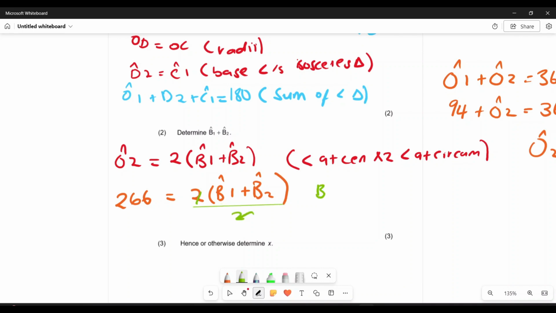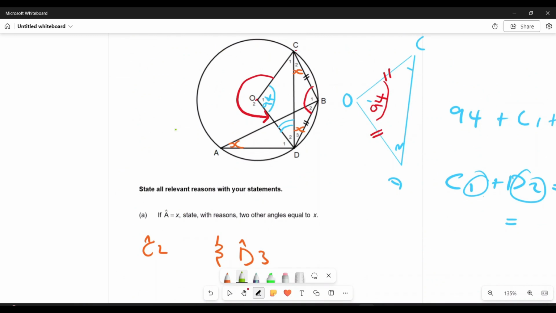As a result, angle B1 plus angle B2 would be equal to 266 divided by 2, and both these angles B1 and B2 would be equal to 133 degrees. So I found both of these angles as 133.